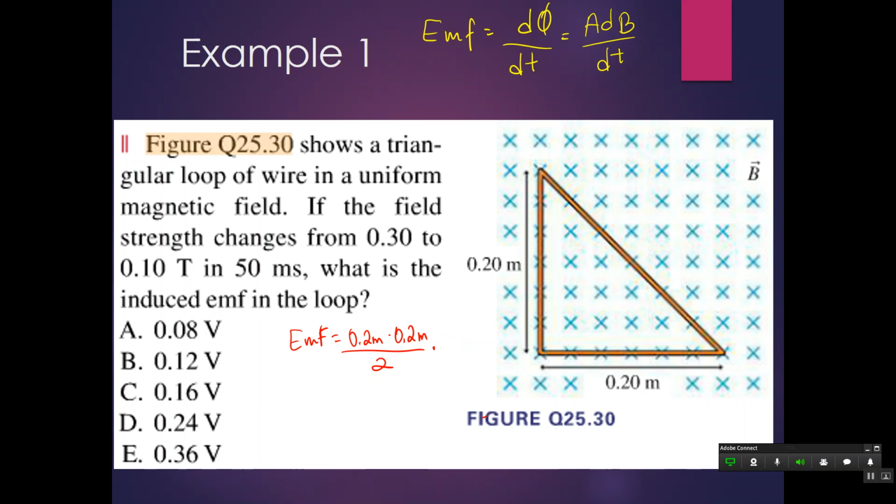You guys can tell me this, right? It's going to be negative 0.20. It's negative because it's decreasing. And my change in time is 0.05.